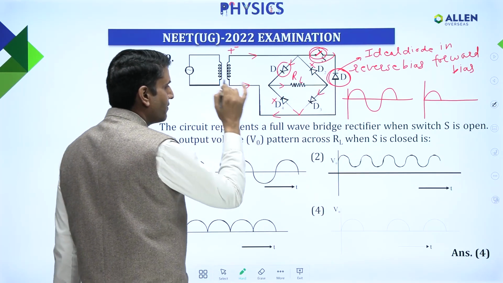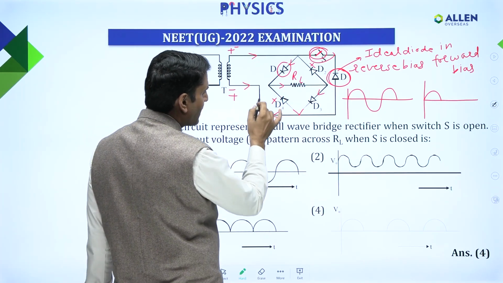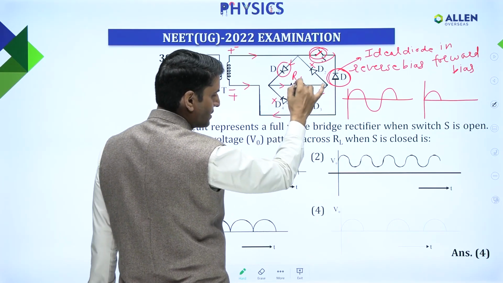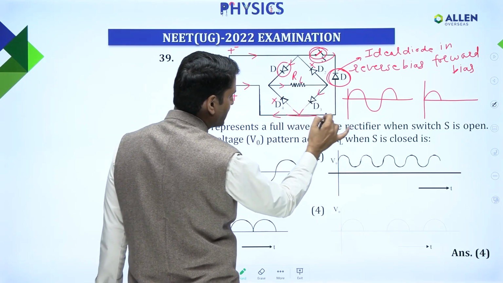That's why current would not take this other path because there is some resistance, but would take this path.